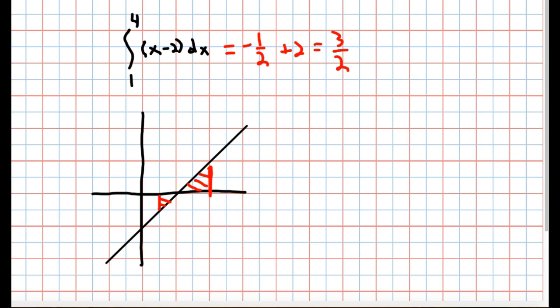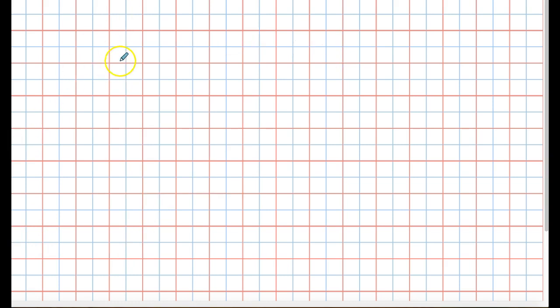All right. Now, the last thing that we're going to take a look at today is getting rid of some numbers. So let's say I want to evaluate this integral, say from a to b of 4 dx.